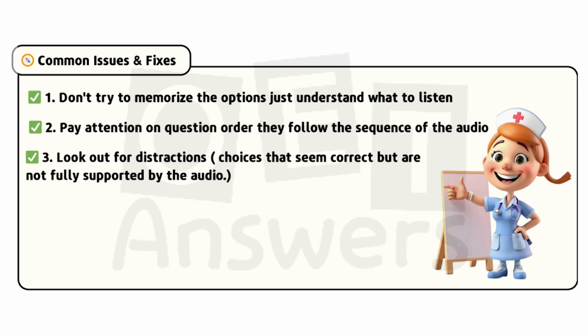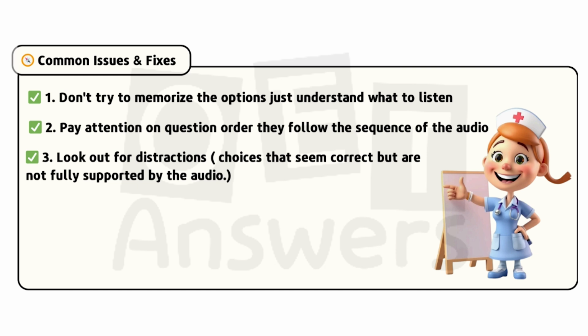Then the third one is look out for distractions. You know very well what distractions will be there. Usually we have some distractions in the audio, like choices that seem correct but are not fully supported by the audio. It looks alike, it is correct by your understanding, but the audio does not support it.